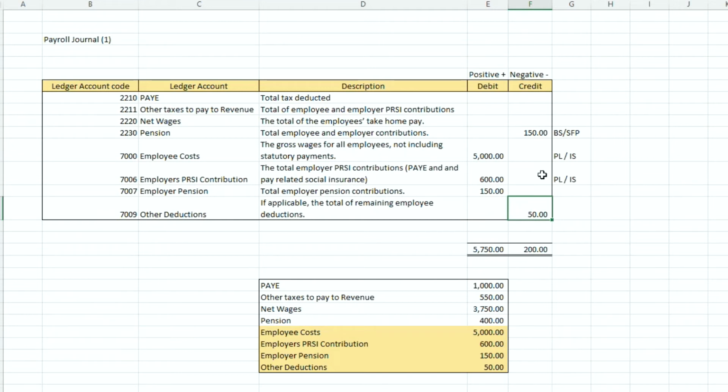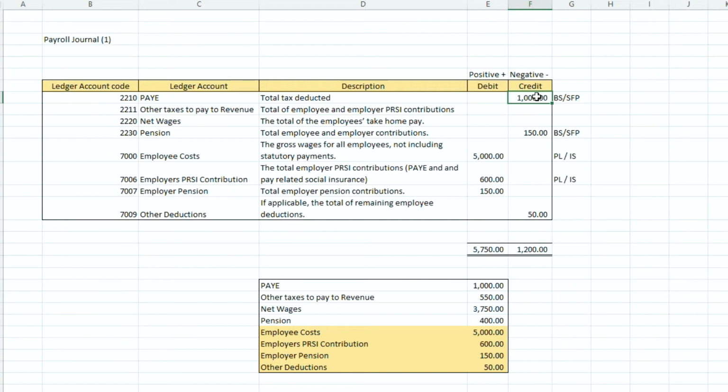Moving on, we want to work out the PAYE, so total tax that has been deducted. That's this £1,000 here. That again is on the balance sheet or statement of financial position as a credit. And the reason it's a credit is because it's an amount due to HMRC for PAYE, pay as you earn tax.